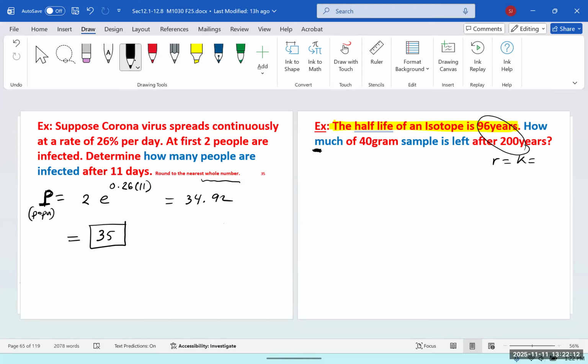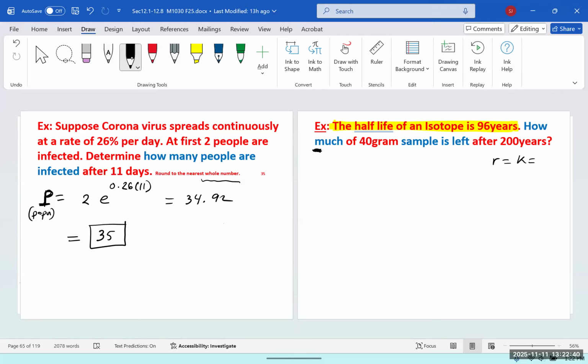We need only one time. We see the T twice, right? 96 years and 200 years. So one time we use to get the rate, and the other time we use to get the final amount.